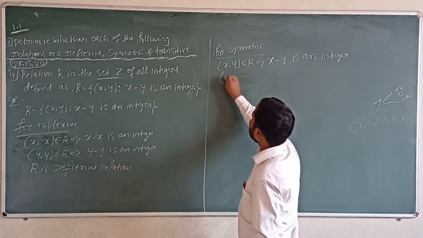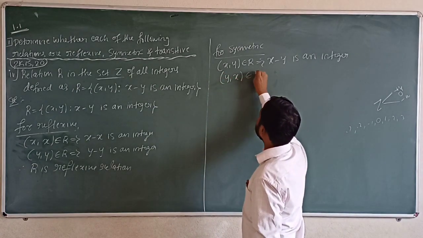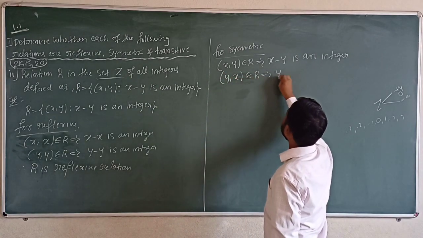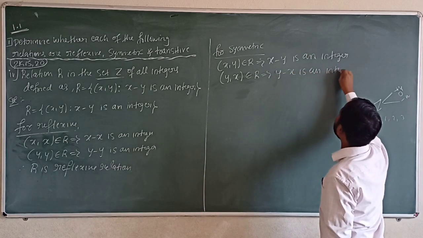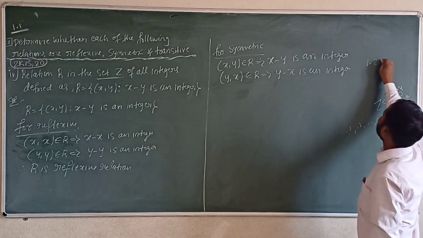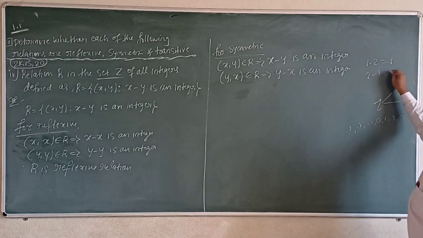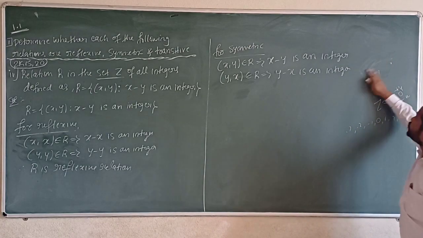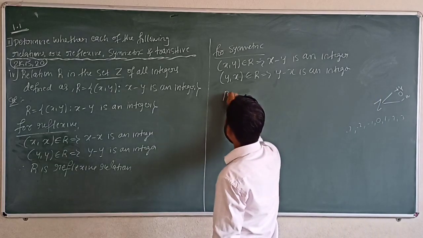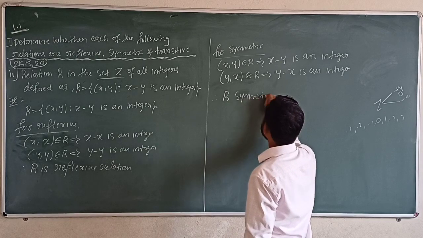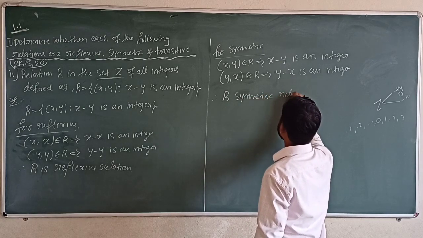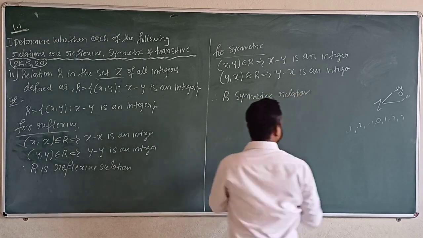Take the reverse, y comma x belongs to R, which implies y minus x is an integer again: 1 minus 2 is an integer, 2 minus 1 is an integer. So therefore R is a symmetric relation.